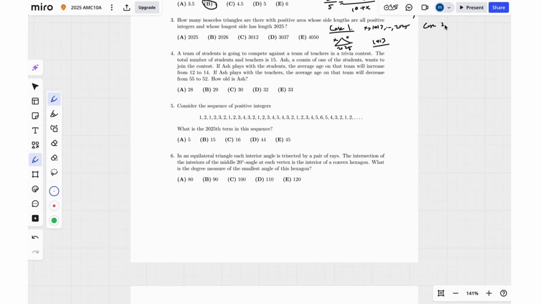Case 2 is when 2025 is largest, but also repeated. So by triangle inequality, x equals 1 all the way to 2025. Now there is one repeated case here, so the total is 1013 plus 2025 minus 1, which is 3037.